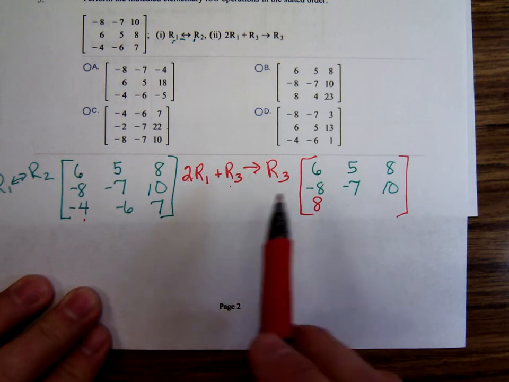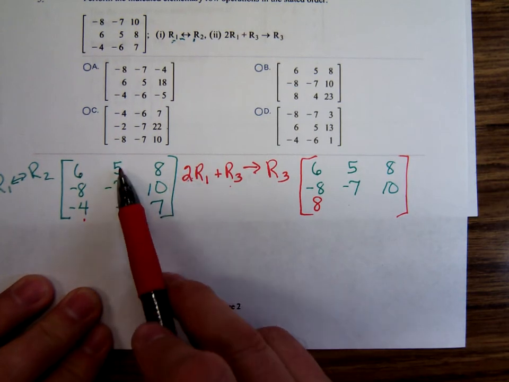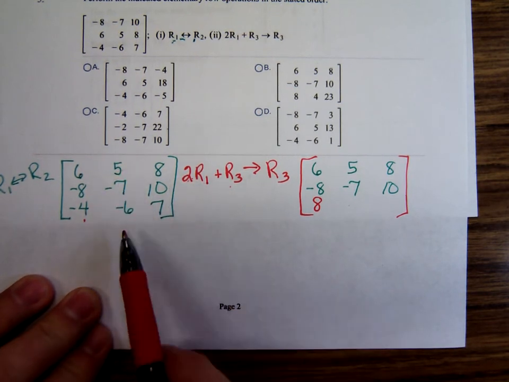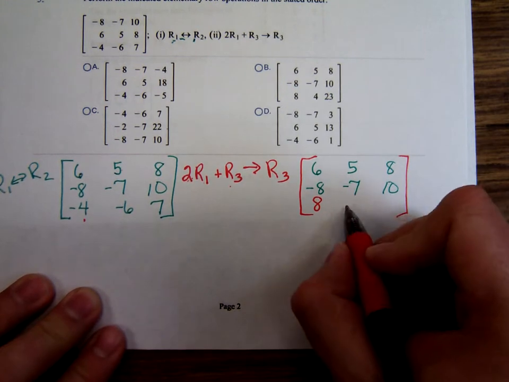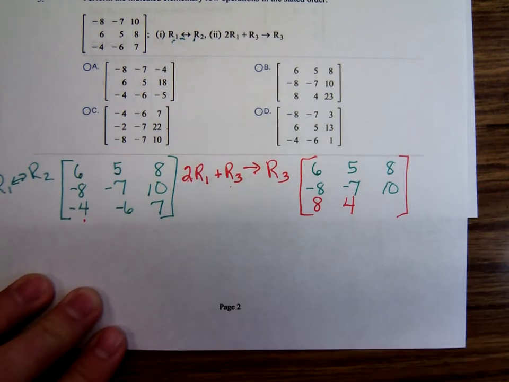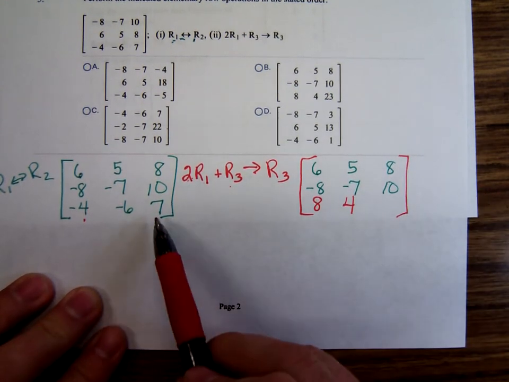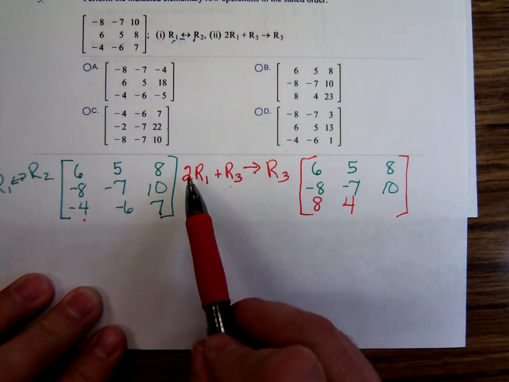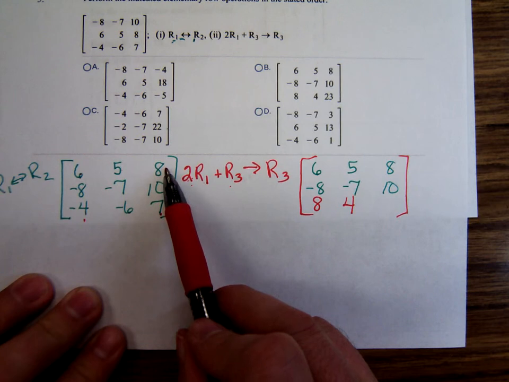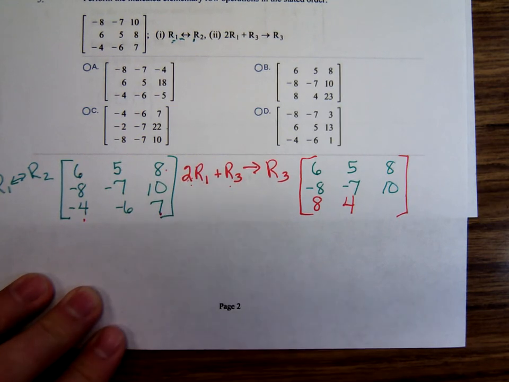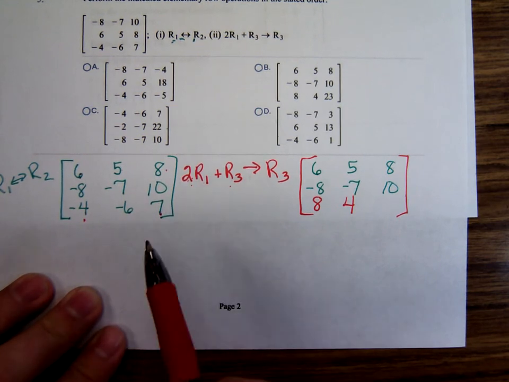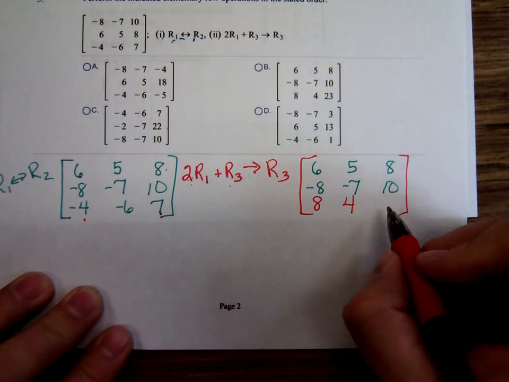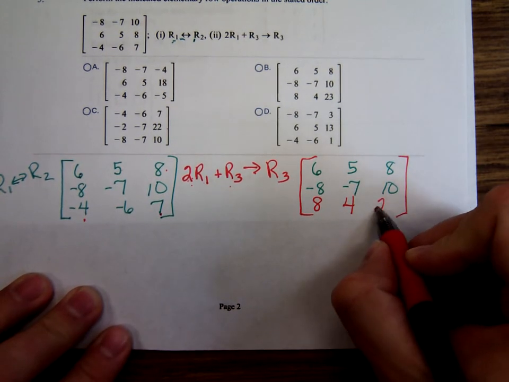What's this next number going to be? 2 times 5 is 10, minus 6 is 4. And what's the last number? In place of this green 7, what am I going to put? 2 times 8 is 16, plus 7, is that going to be 23?